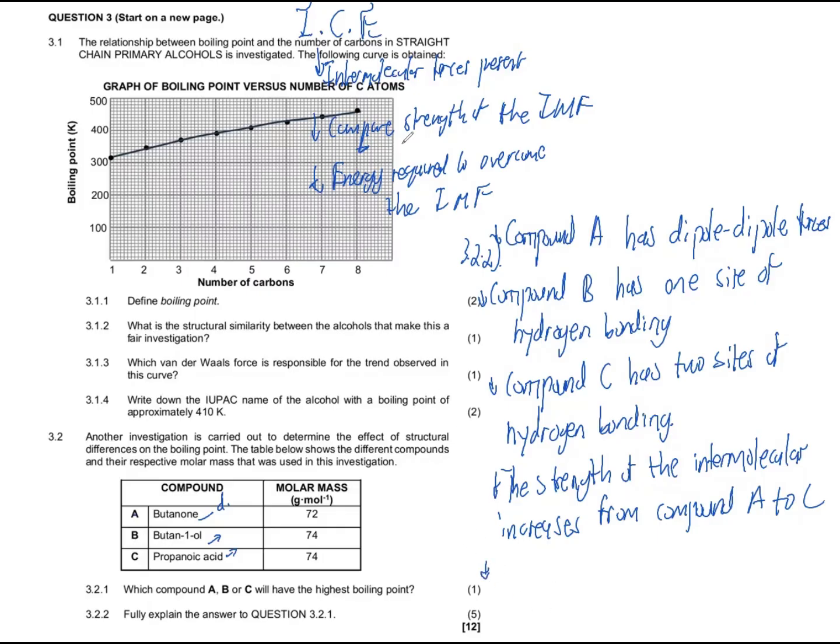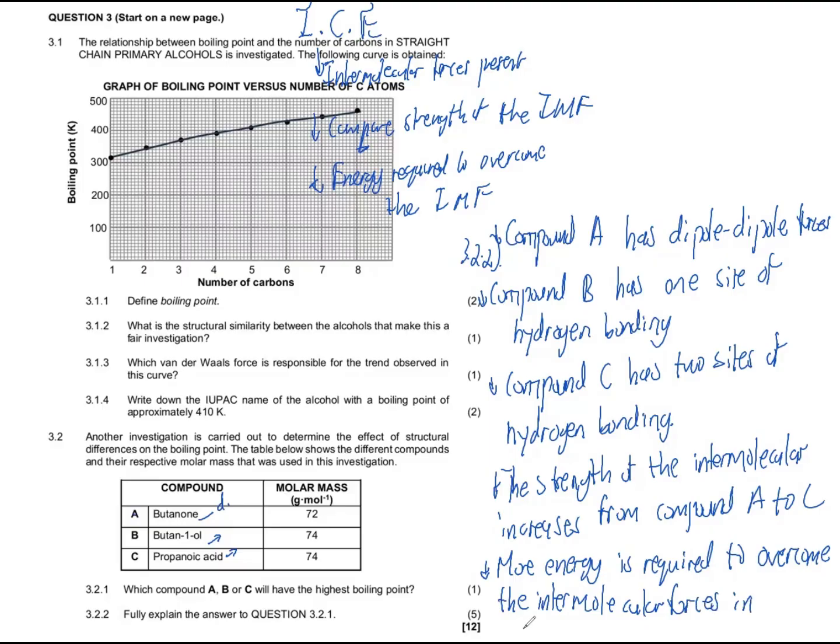And then now we are going to speak of the energy. More energy is required to overcome the intermolecular forces in compound C. Thus, now we understand why it has a higher boiling point, or why it has the highest boiling point compared to A and B. So compound A has dipole-dipole forces.